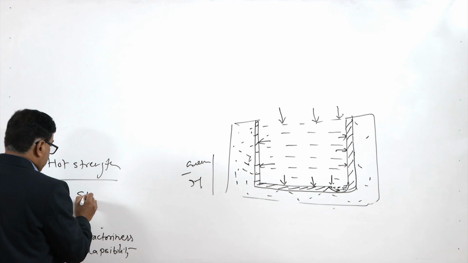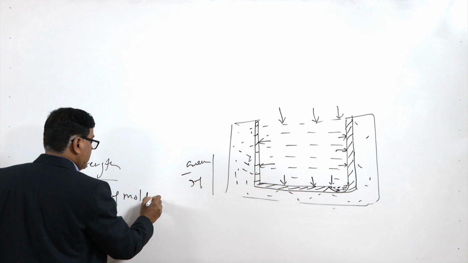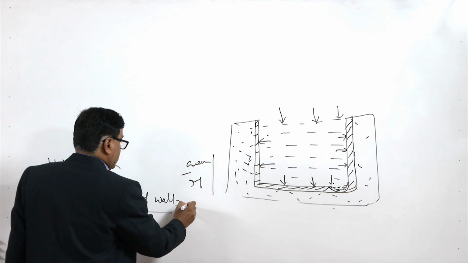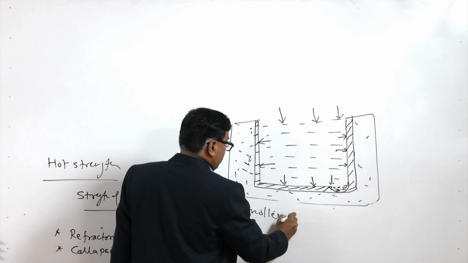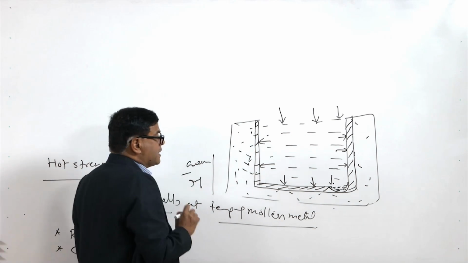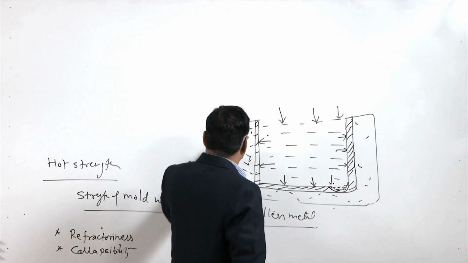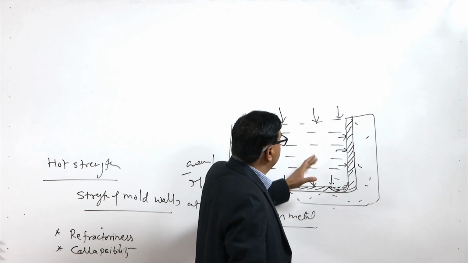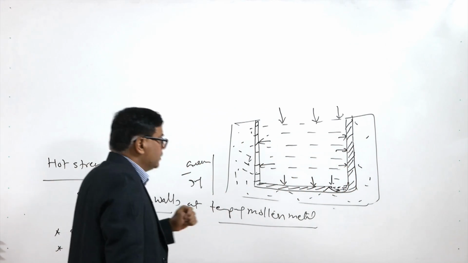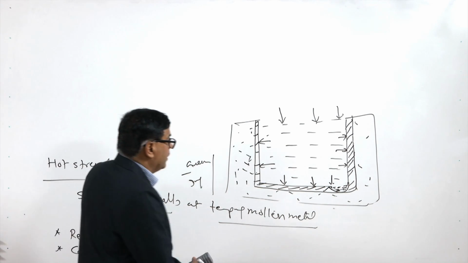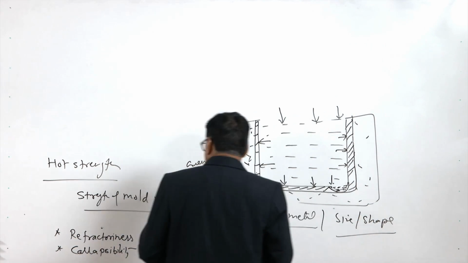So, the strength of the mold walls at the temperature of molten metal is important for carrying the weight of the molten metal, because in any case, whether it is green strength or dry strength, when the molten metal is poured there will be a rise in temperature of the mold wall, and at that state the strength of the mold is important for retention of the size and shape of the mold.